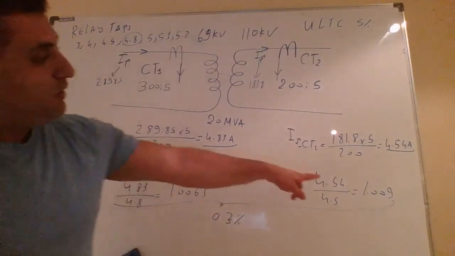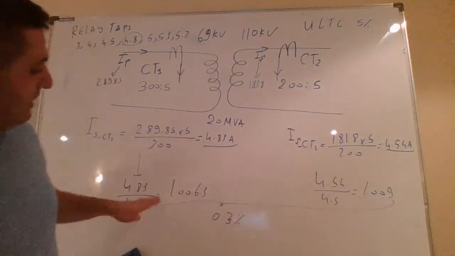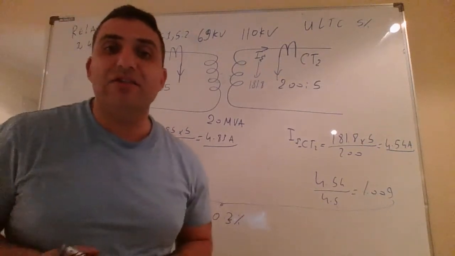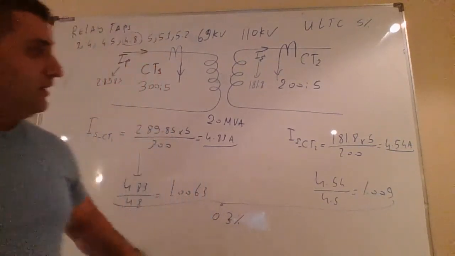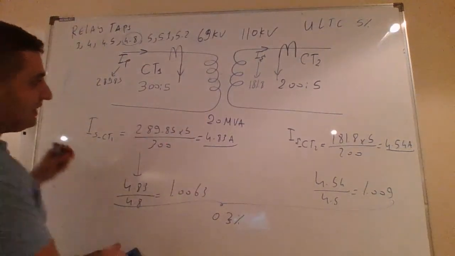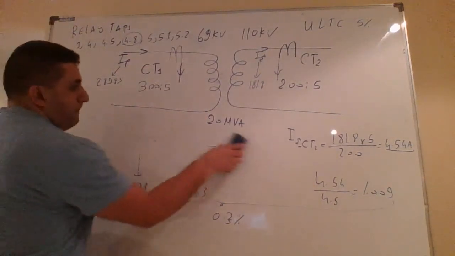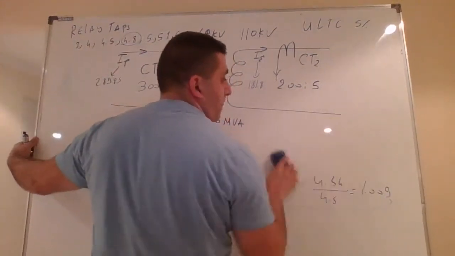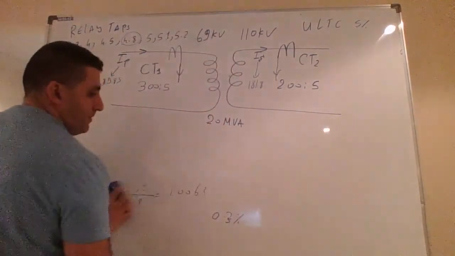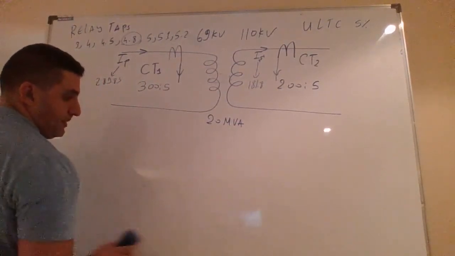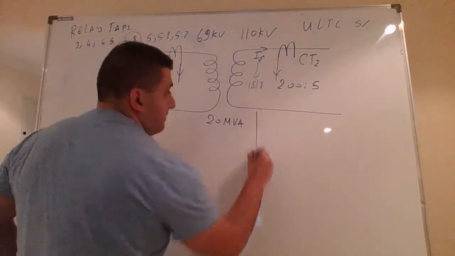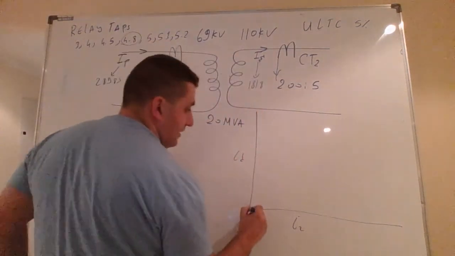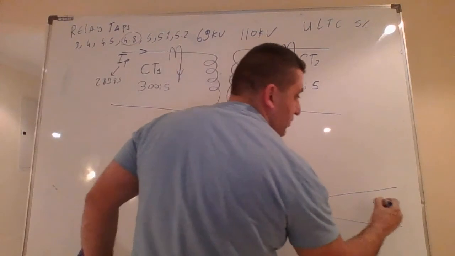As you can see, 1.009 minus 1.006 will give me 0.003, which is 0.3% error. So if I go back, let me delete this. I want to draw this back. This is IR, this is ID. The first error, the mismatch, was 0.3%.